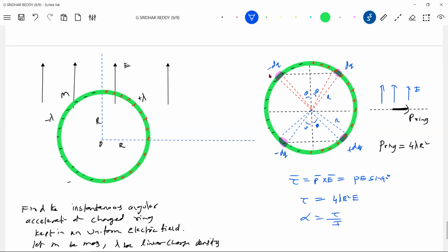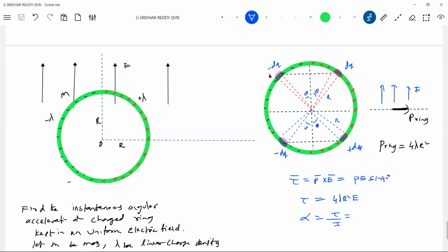About which axis will it rotate? How to decide the axis? Shall I say it will rotate about the Z axis? See, P bar cross E bar: curl the fingers of your right hand from P bar, from the X axis towards the Y axis, and your thumb will be along that axis.